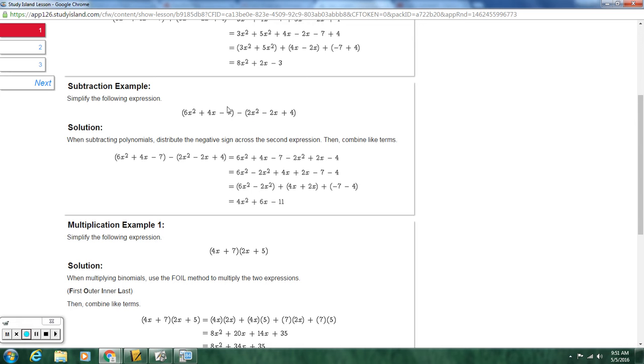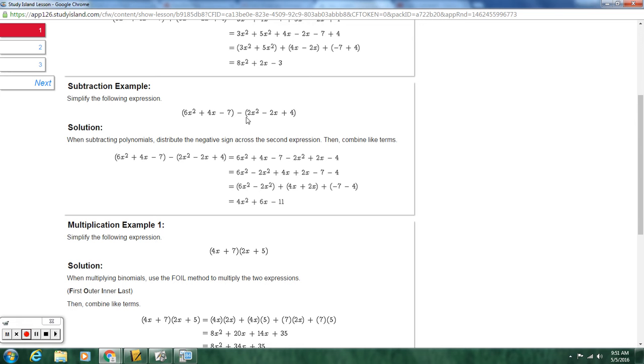This is 4x minus negative 2x. So the minus is a plus, so 4x plus 2x, there's a 6x, and negative 7 minus 4, which is negative 11. So you got to remember, this subtract symbol gets distributed to everything in parentheses.